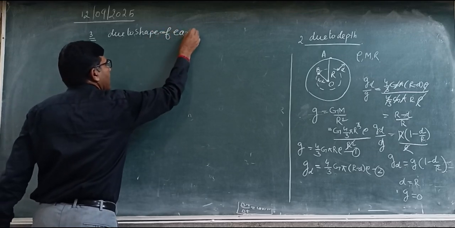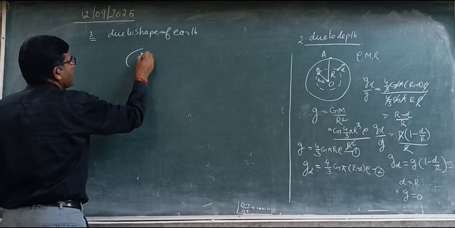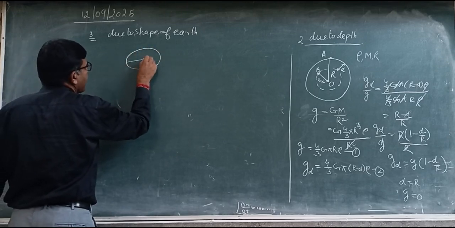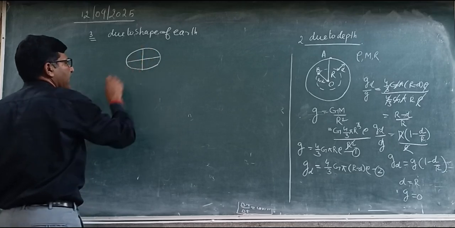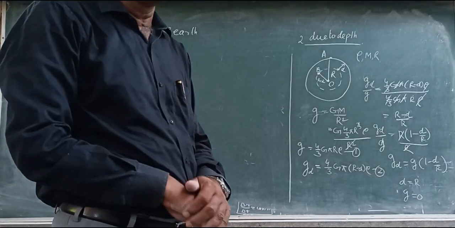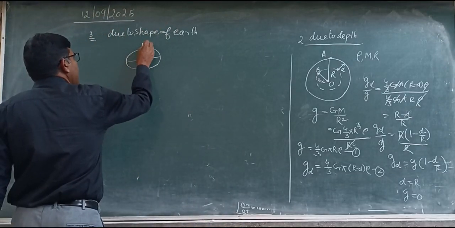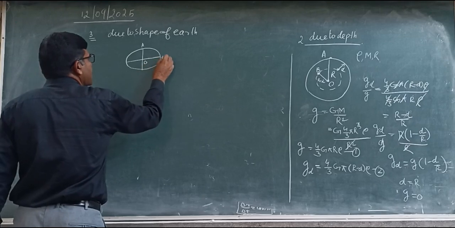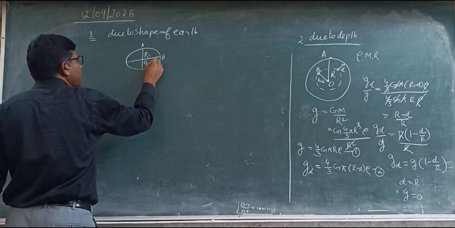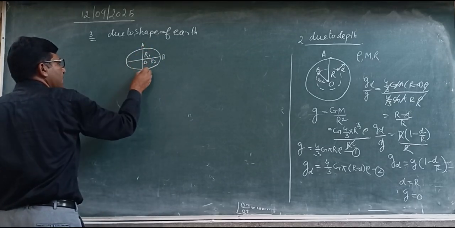We know that our earth is shaped in this form, that is, the equatorial diameter is more than the polar diameter. So this is A, this is O, this is B. You can say this is R1, this is R2. This is the pole, north pole, this is south pole.